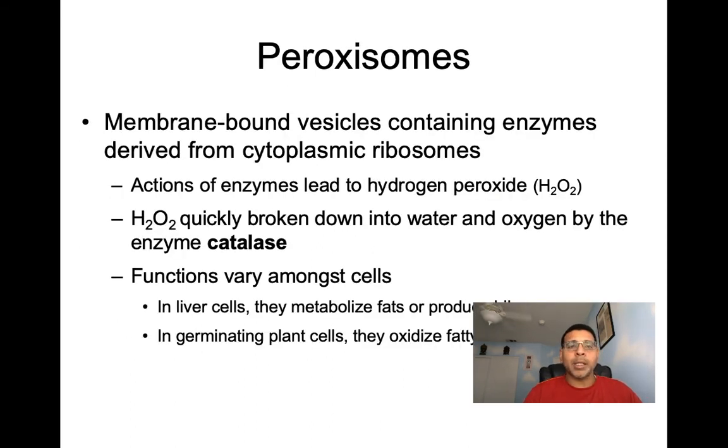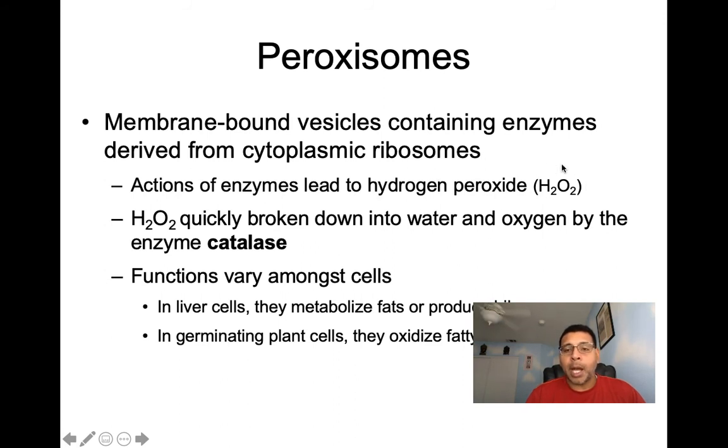Let's talk peroxisomes. Peroxisomes are similar to lysosomes because they contain enzymes, and they're vesicles again. The action of their enzymes leads to the production of hydrogen peroxide. Hydrogen peroxide is toxic to our cells, right?